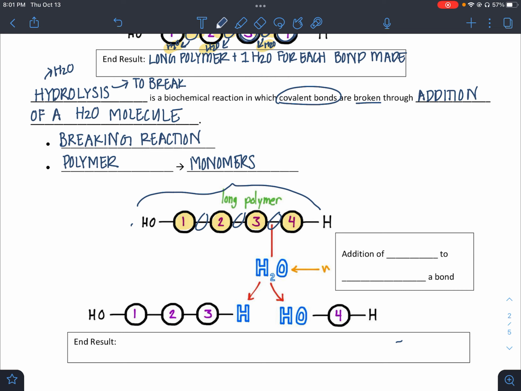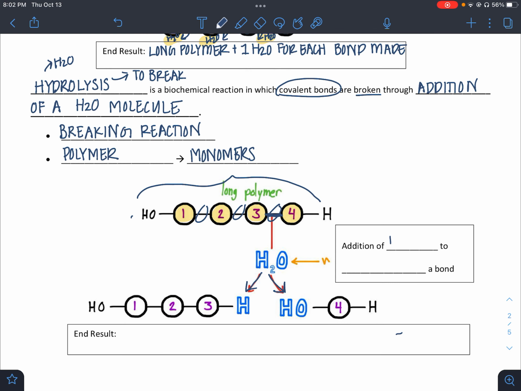In order to break one of these bonds, like this bond right here between monomer 3 and 4, we're going to take a water molecule. That water molecule is going to split into a hydrogen and that OH group. Okay, we call it a hydroxyl group.